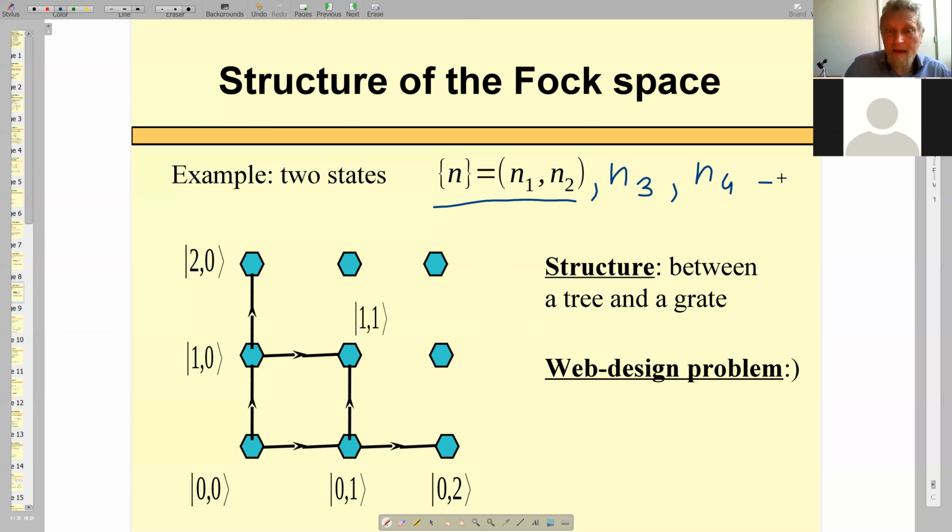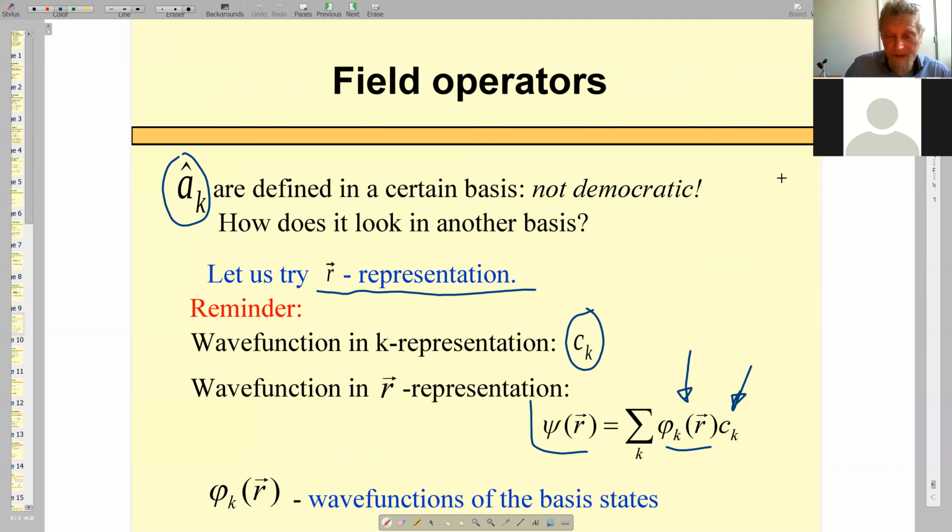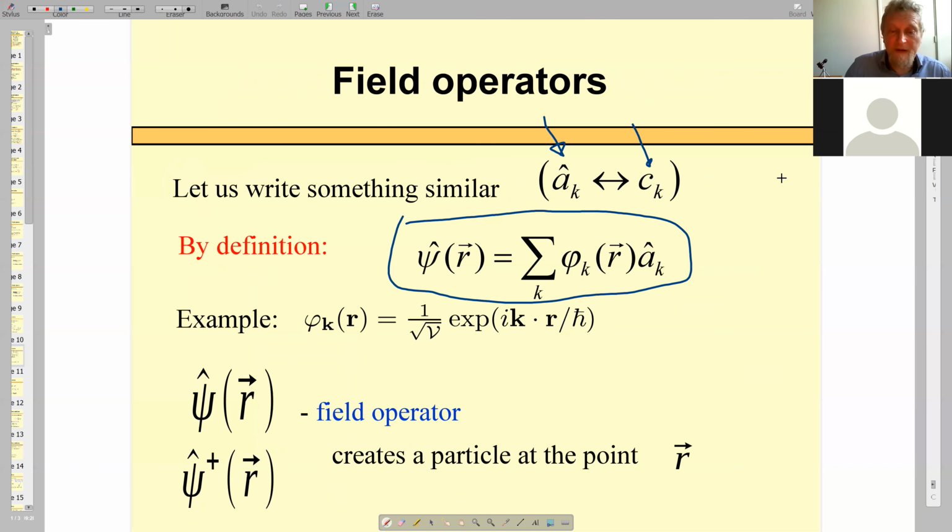Good. Let me come back to field operators. Field operator psi is an operator in coordinate representation. To get it from operators in the level representation, one needs to utilize wave functions of these levels in coordinate representation. So that's how we make what I will call the field operator.